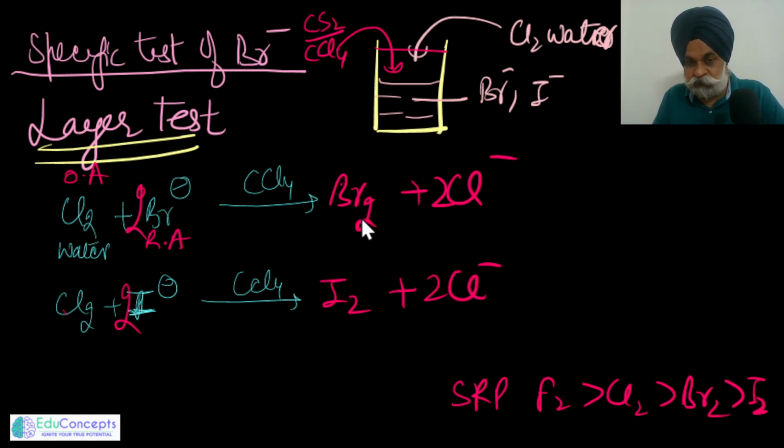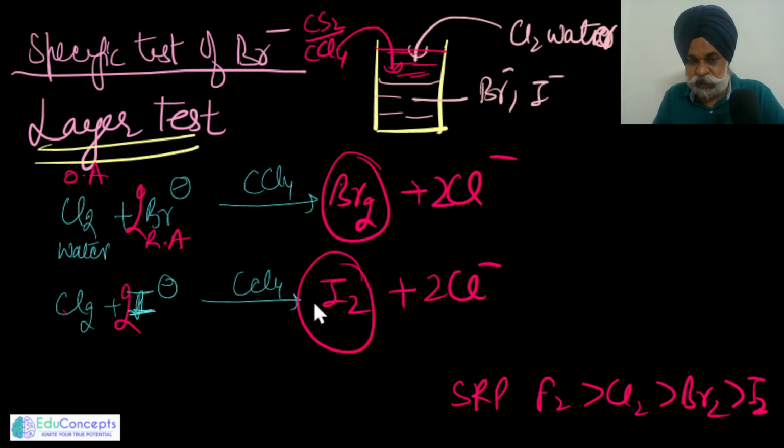When you mix it well, because bromine is a non-polar species, it dissolves into CCl4, and the CCl4 layer gets a brown color. That way you can identify bromine. And if iodine is there instead, that gives an intense violet color in the CCl4 layer. So from the color of the layer, you can identify the presence of bromide or iodide. This in a way is a simple test.